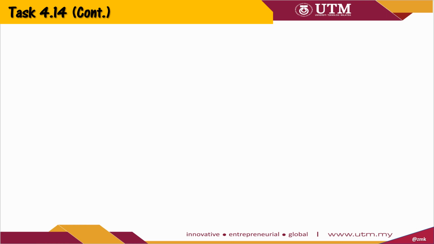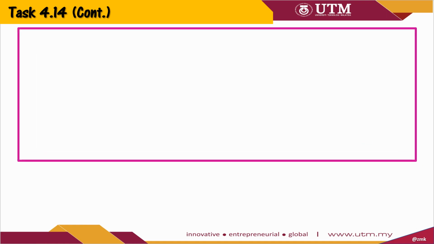Continue with solving task 4.14, since we are to test if there is any significant difference in the variability of the times in producing an electrical part by machine 1 and machine 2. Then we are actually to test if there is any difference in the population variances, since the variances measure variability.